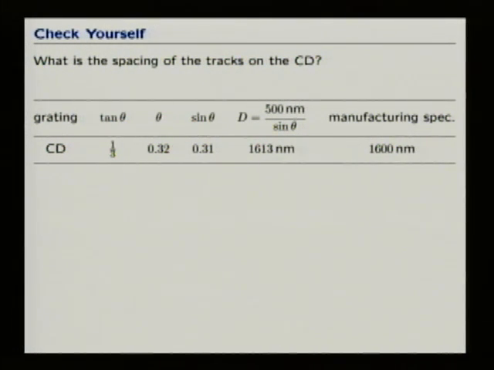So the angle, small angle approximation, is about a third. So the sine is about a third. So d is about 500 nanometers divided by a third. And if I carry that out a little more precisely, I get 1613, and the manufacturer specification for CDs is 1600 nanometers. So it's 1.6 micrometers. Okay?